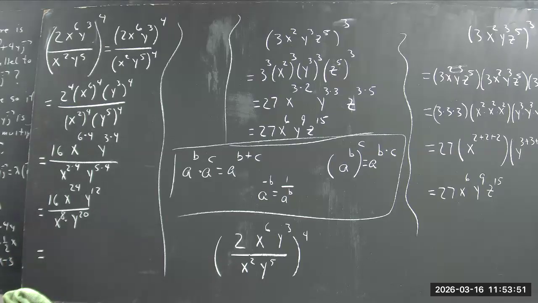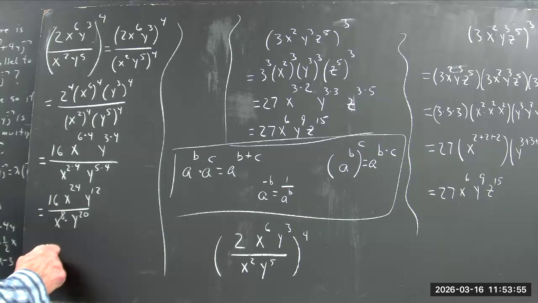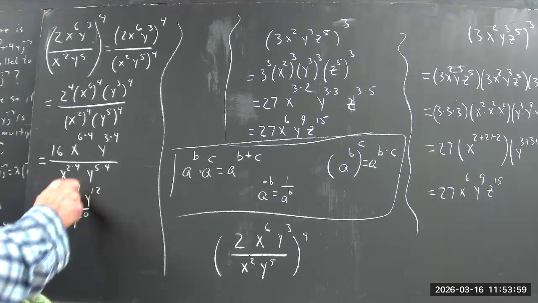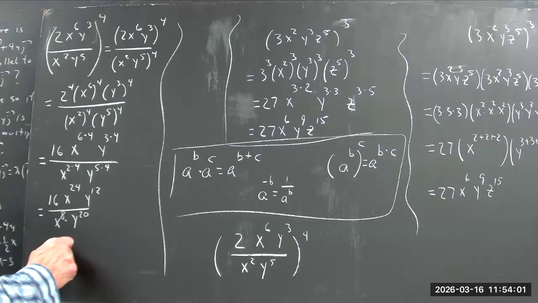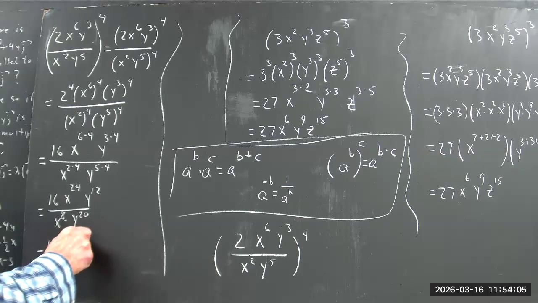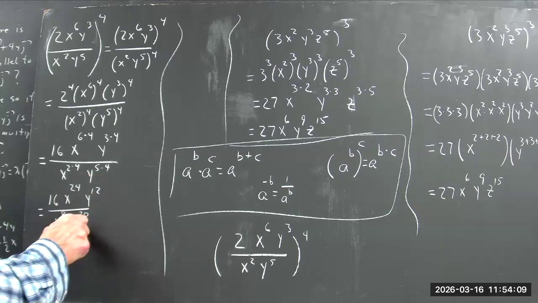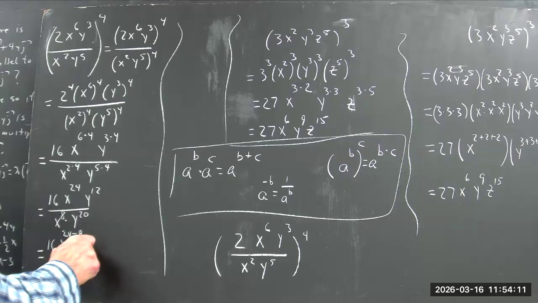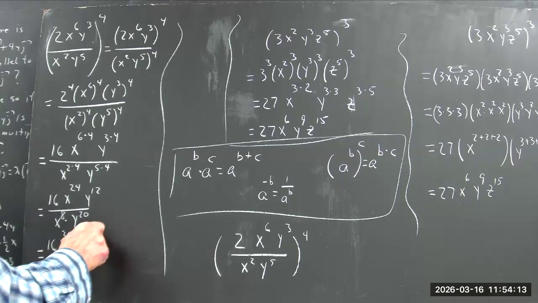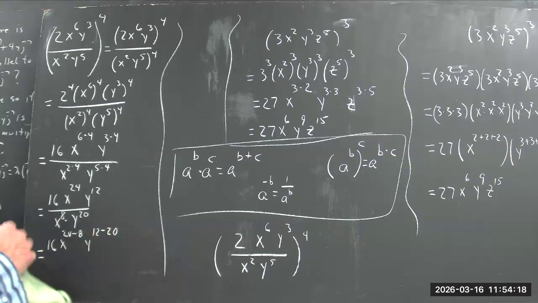And now we can write this as we have the 16. We have x to the 24th divided by x to the 8th. That's x to the 24 minus 8. And y to the 12th divided by y to the 20th is y to the 12 minus 20.